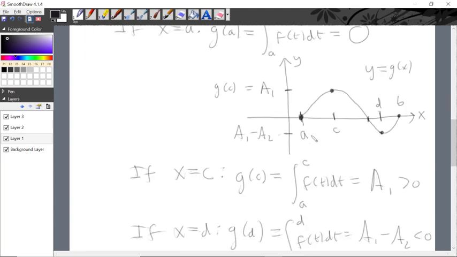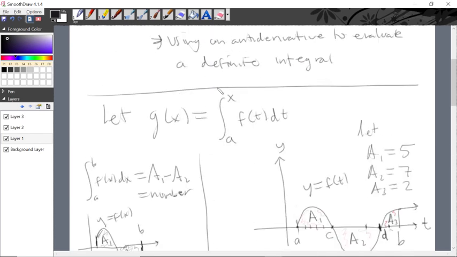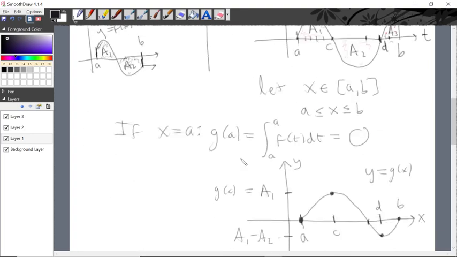Okay, so we have the function g, which is an integral function, right? It was a function of x, where x was the upper bound of this integral here. It is changing. It is continuous. We have that g, we can see from the graph there, is continuous, and it is also smooth. That is differentiable, all right, on the interval a to b.